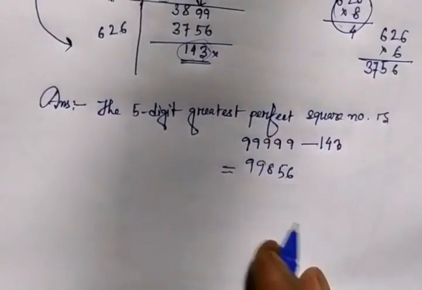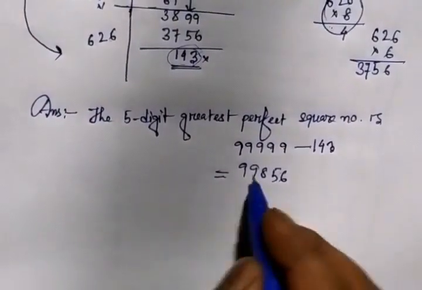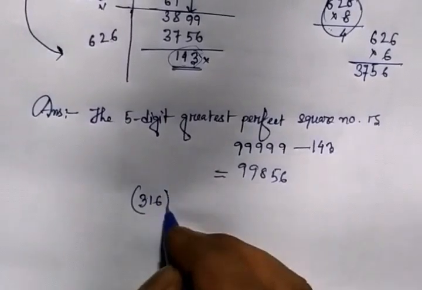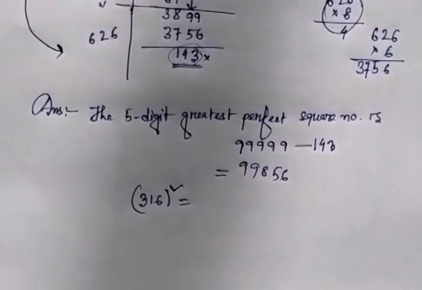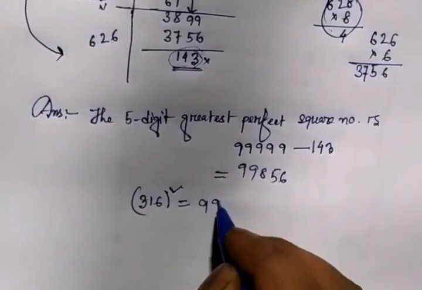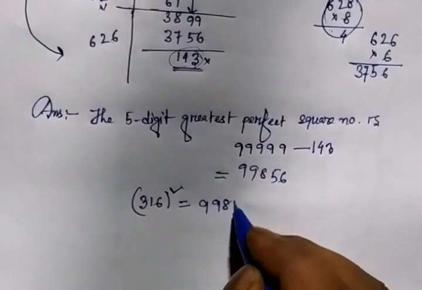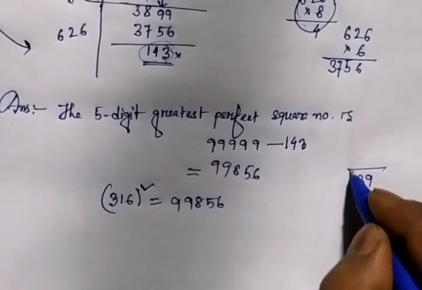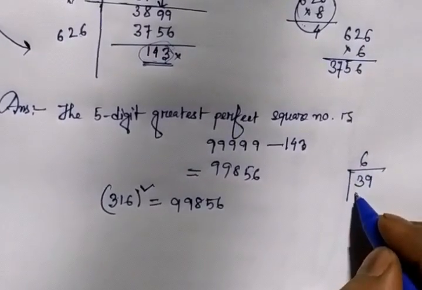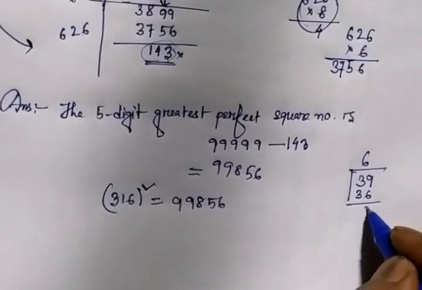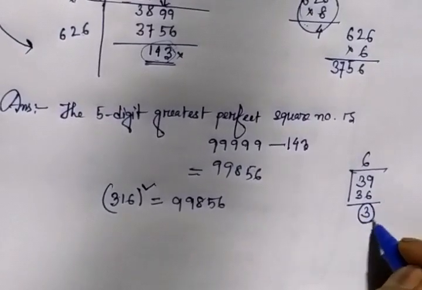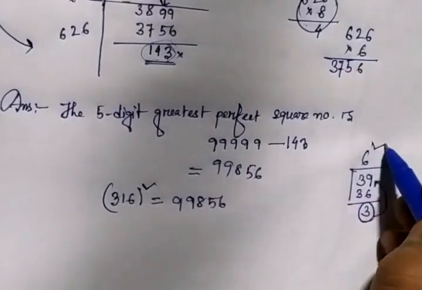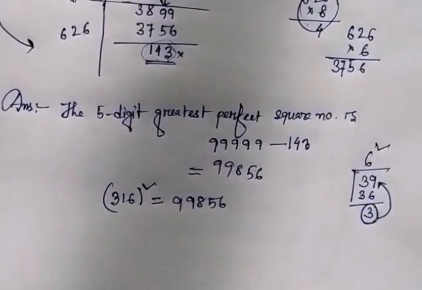In another way, we also get the answer: 316. If we find the square of 316, then the result is also the same, because in the earlier example, 6 squared is 36, and if we subtract 3 from 39, we get the result.